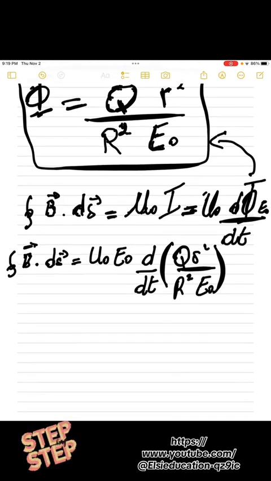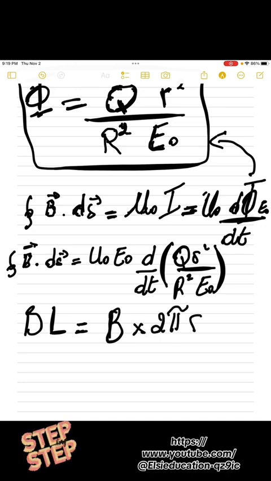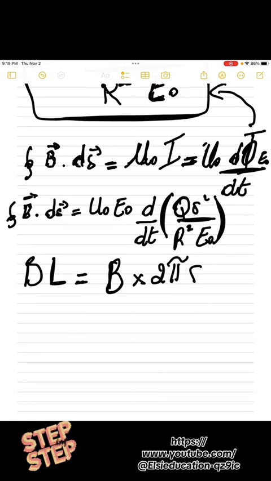With the magnetic field in this section, we're going to keep it simple, because it's like an infinite wire, so this is going to be equal to the magnetic field multiplied by the length, and because it's a circle, we're going to do the magnetic field multiplied by 2π times the radius of that circular loop.